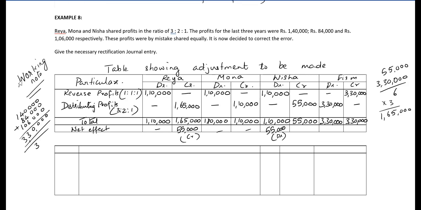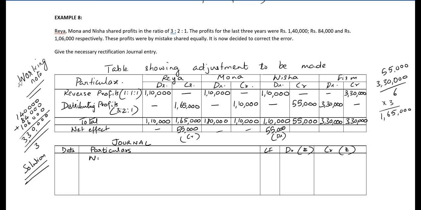There is nothing mentioned, so we'll assume the fluctuating capital method and pass the adjustment journal entry through the partner's capital accounts. So solution, journal: date, particulars, LF, debit rupees, credit rupees.